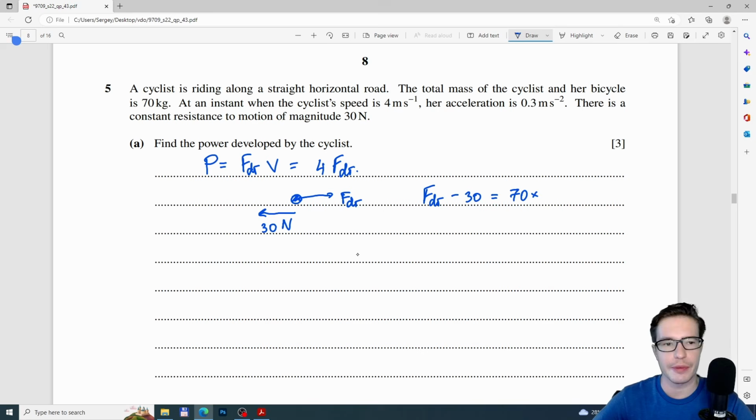So it's 70 times 0.4. Oh no, 0.3. And from here, we can find the driving force, which is 51 newtons. Okay, now substitute it into the power. So power equals 4 times 51, which is 204 watts.